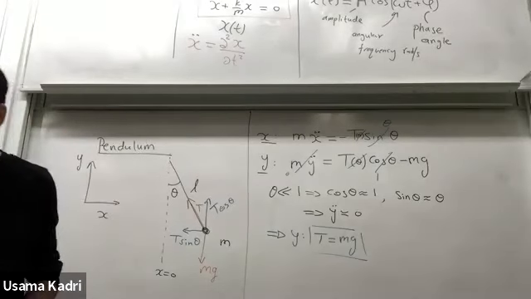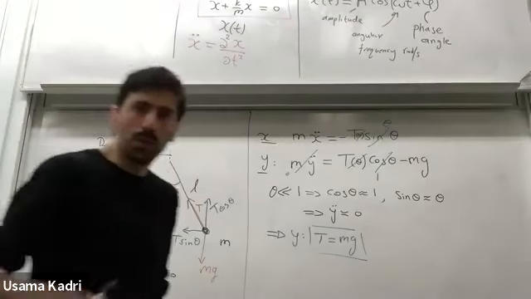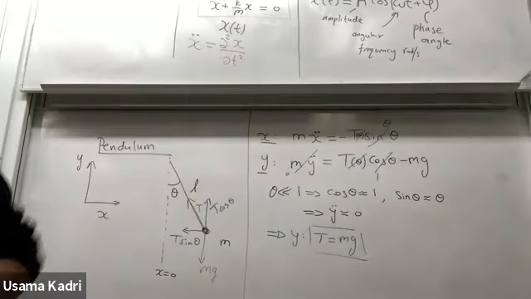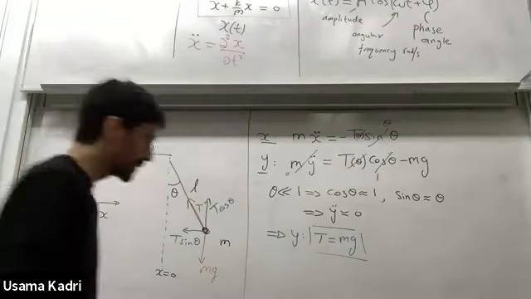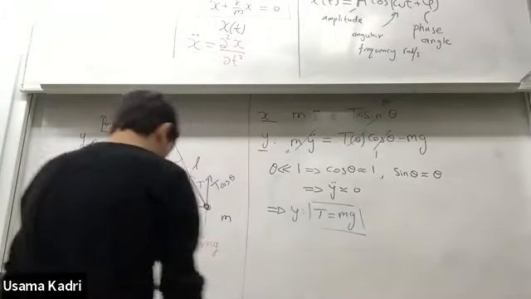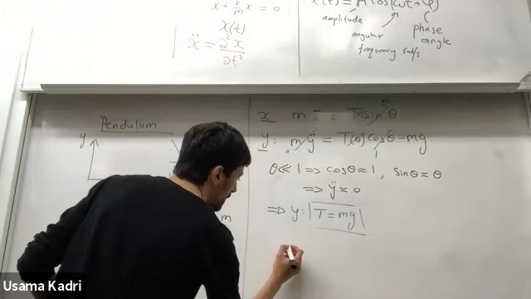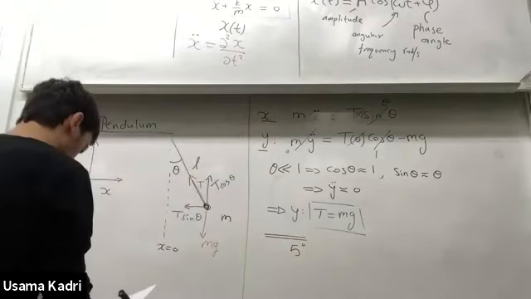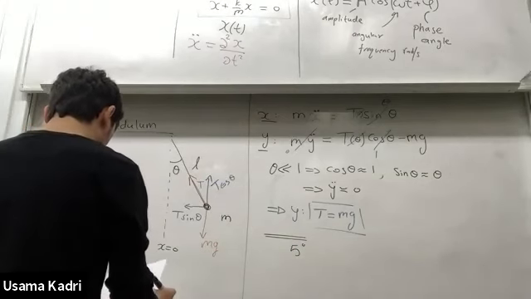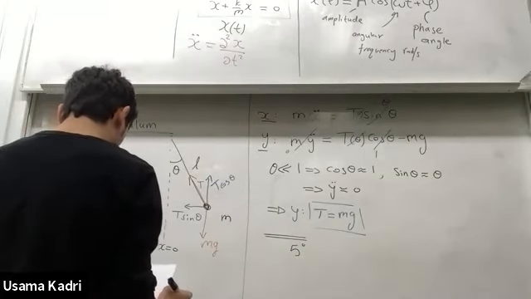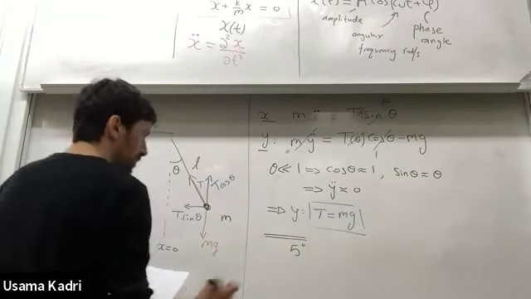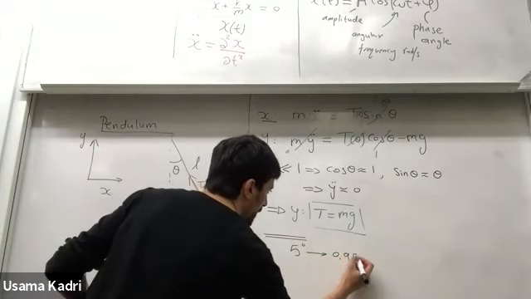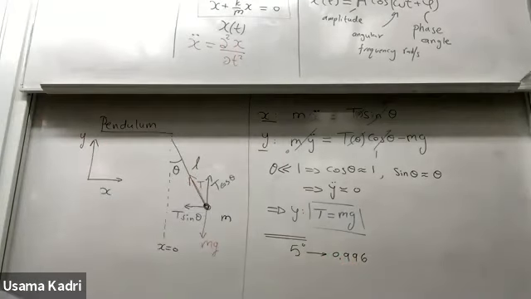But before that, I want to give you a feeling of what is a very small theta. Just to give you a feeling, if you take 5 degrees, you get 0.996.